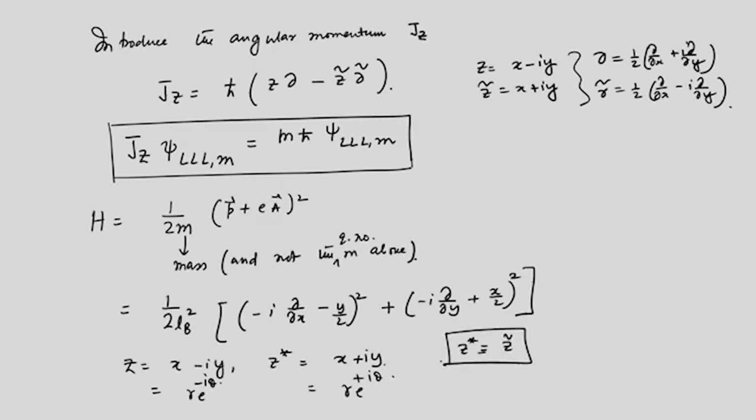You can write it with whatever notation you want. So, the derivatives can be written as del x equals del z plus del z star, and del y equals minus i (del z minus del z star). So, this is del x and del y.